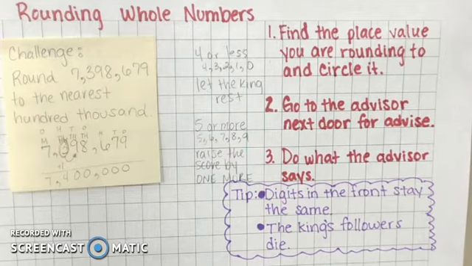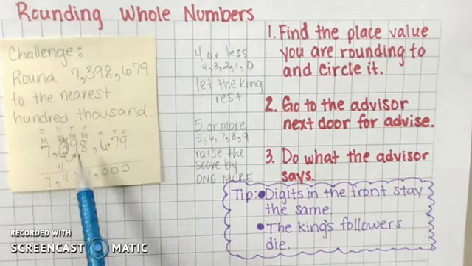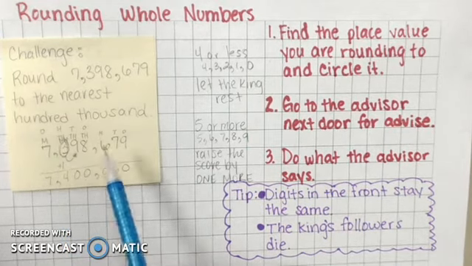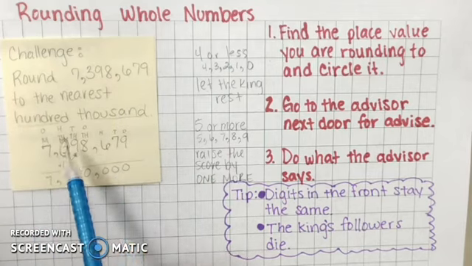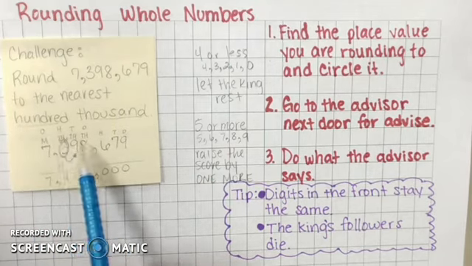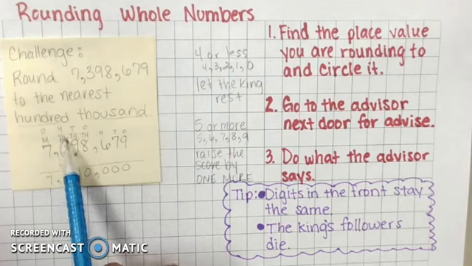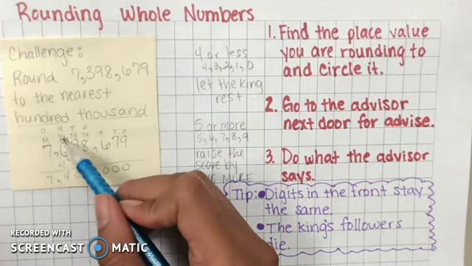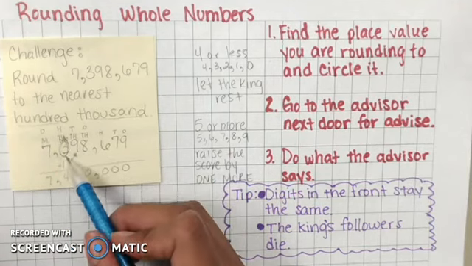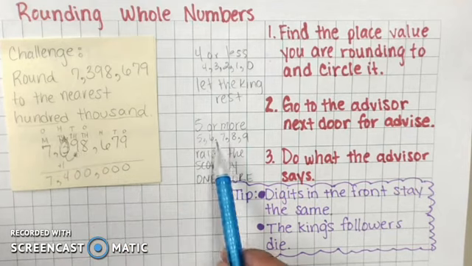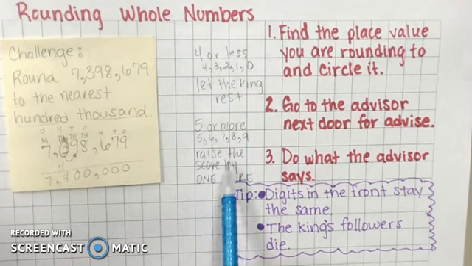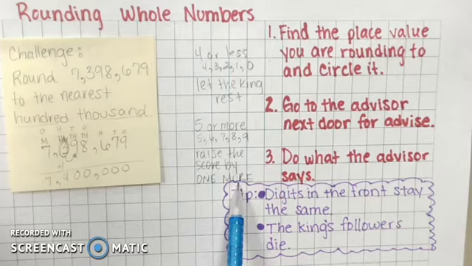Alright, welcome back. Let's go through the problem really quickly. They wanted me to round to the nearest 100,000. So I labeled my digits and I found the 100,000s place. I circled that because that's my king. And then I went next door to the advisor. Since my advisor is a 9, it's telling me to raise the score by 1 more.